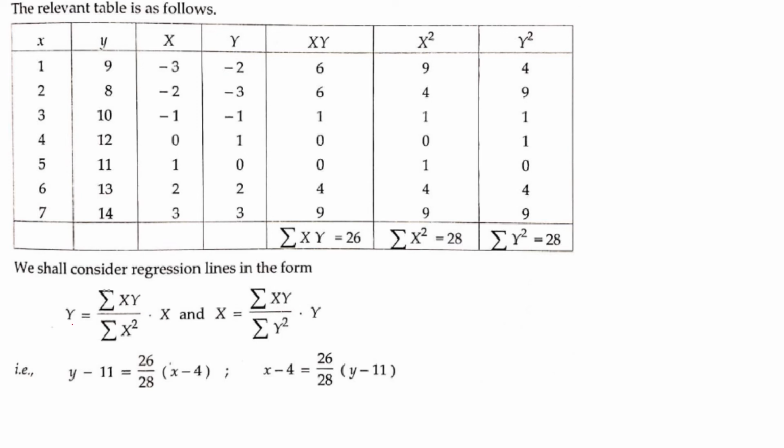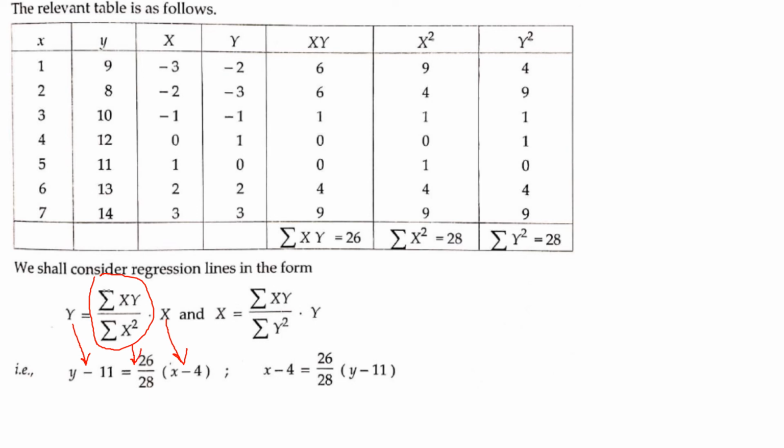We replace capital Y by y minus y bar and capital X by x minus x bar, and we have substituted the values here to get this 26 by 28.